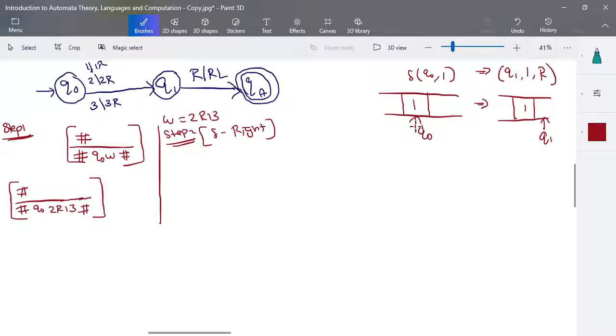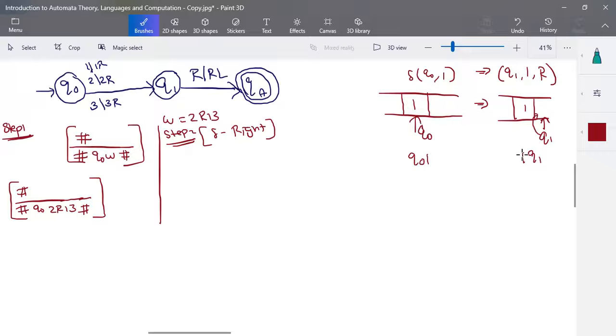For this, your read write head focuses on the place before 1. So the instantaneous description before transition is Q naught 1. After transition, 1 remains as it is in the tape and your read write head focuses on the next cell, so you write 1 followed by Q1.